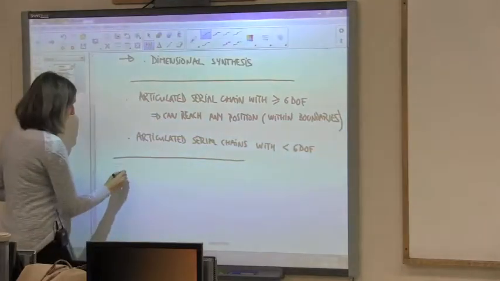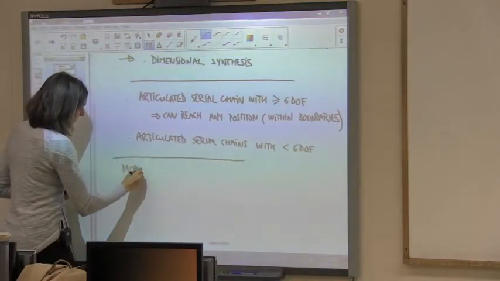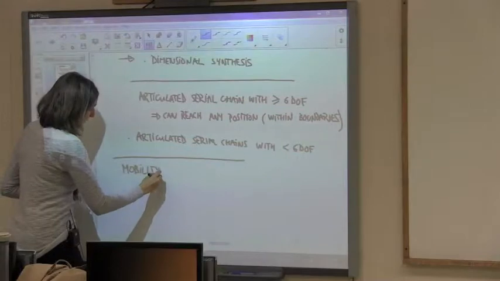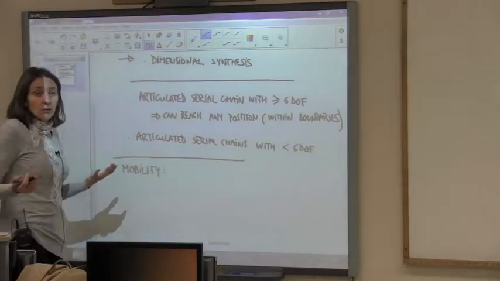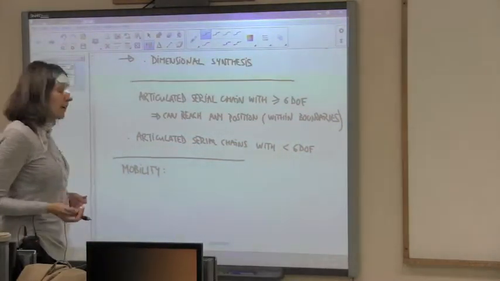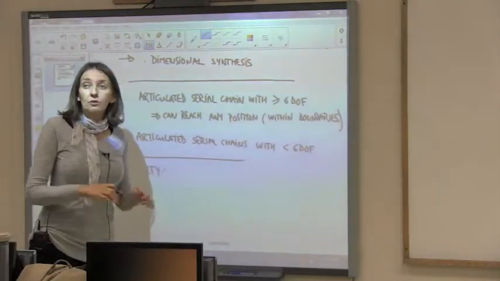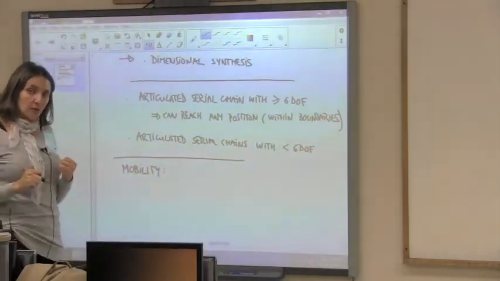Let me just say mobility. Mobility, what you want to find is how many parameters you need to fully define a configuration of your linkage.